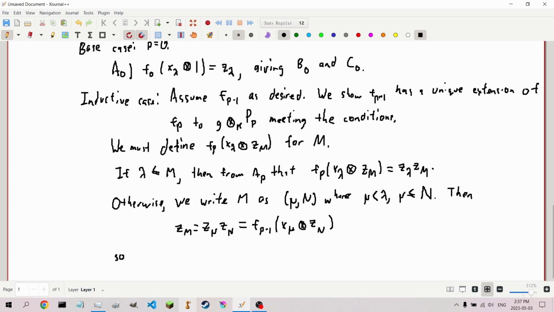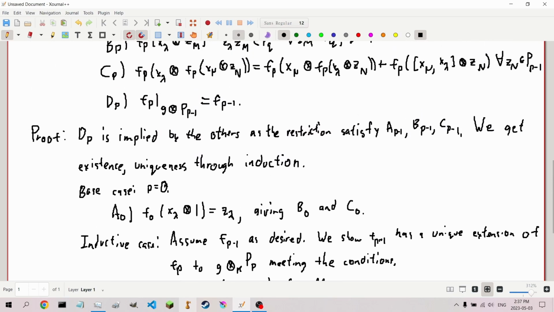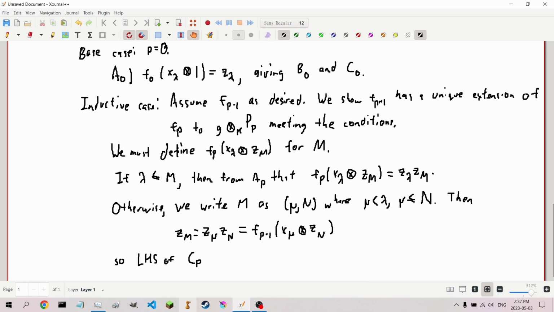And this gives us the left-hand side of condition C. Keep in mind, FP has to act the same as its restriction by D. So this gives us our left-hand side.